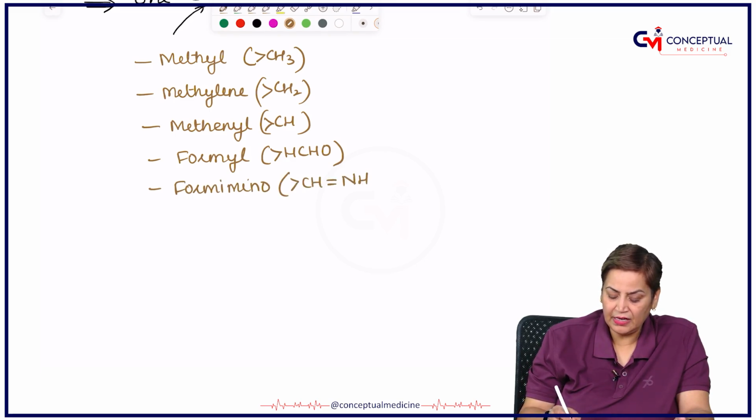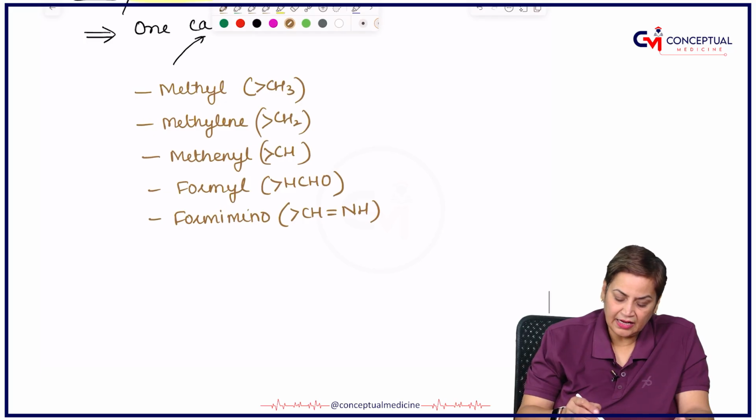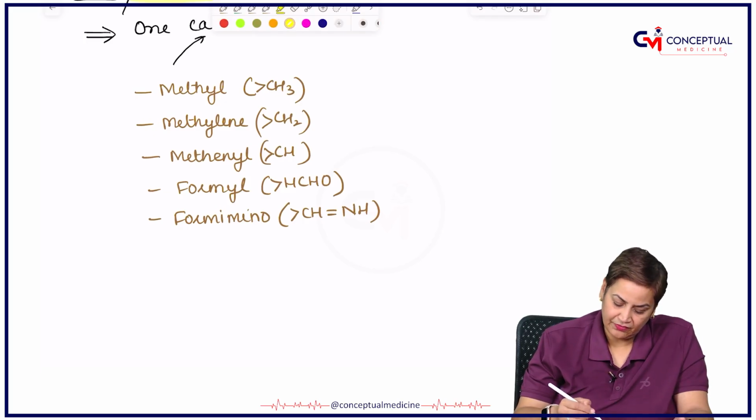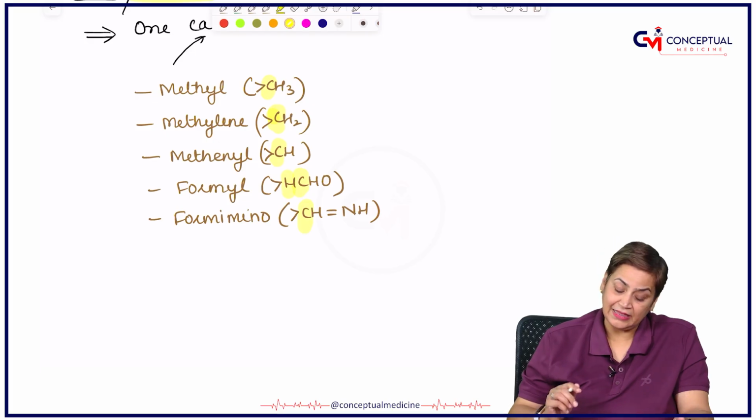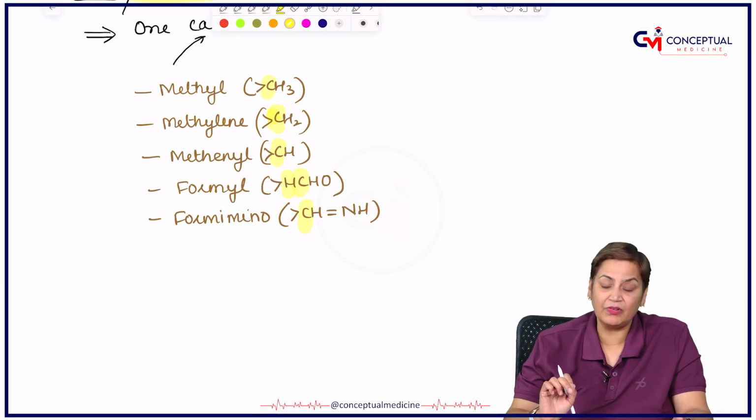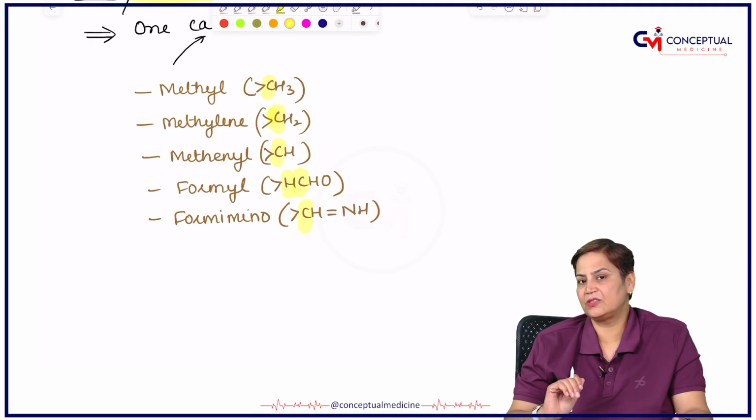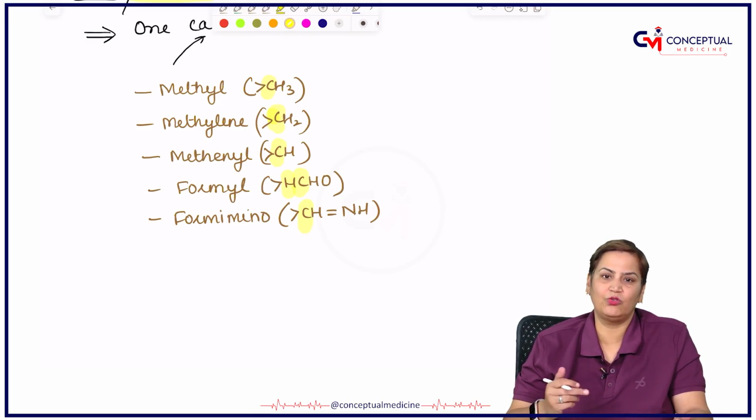Everywhere, if we see, there is one thing common, which is C. That means, from where is this one carbon coming? This one carbon is coming from folic acid.